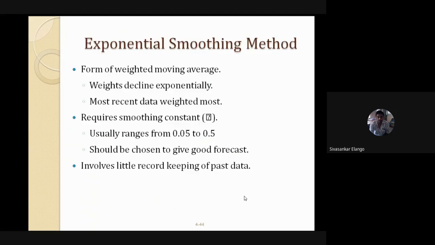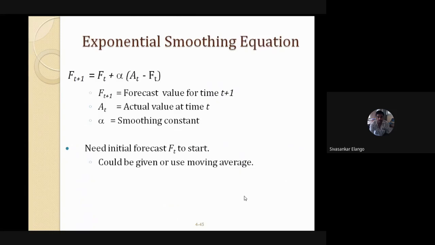So the next method we are going to use is the exponential smoothing method. Here the weight declines exponentially, and the most recent data gets the most weight, right? Here the formula is like this: the forecast value for time t plus 1 depends on the actual value at time t, and you have a smoothing constant alpha associated with it.